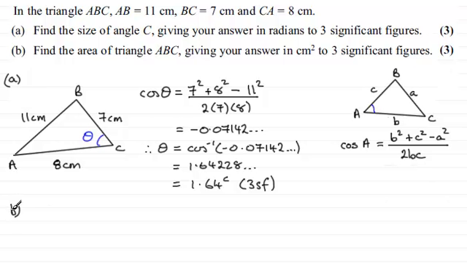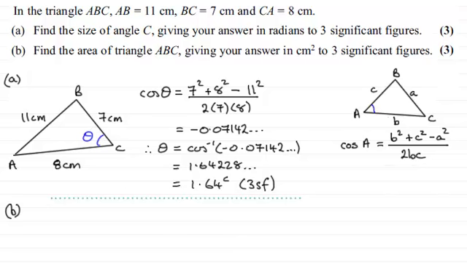Now, if we're to get the area of this triangle, then we should be familiar with another formula. That is when you're given 2 sides and an included angle.